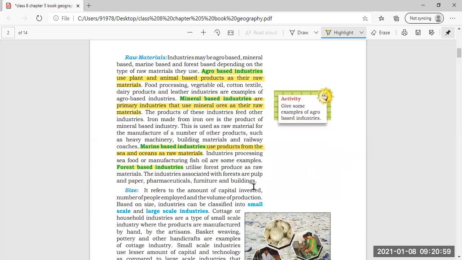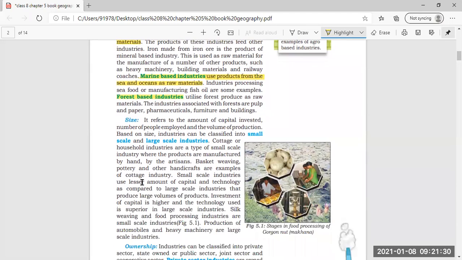Like in the case of paper, we have seen that the forest is used for wood for making the pulp, and then that pulp is used for making paper. The forest is also used for pharmaceuticals, providing medical herbs and medicines, and furniture and buildings also; these forest based industries are concerned with them.